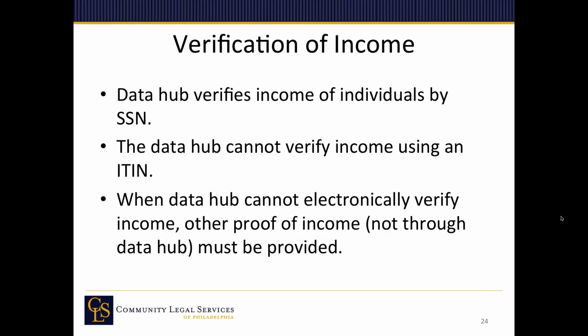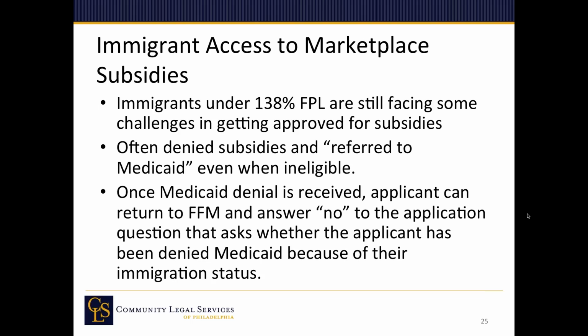Now, this proof of income, if we have the typical pay stubs, that's great. The marketplace should allow some level of flexibility for people who have more informal work situations and may not have pay stubs, but might have letters from employers or other proof of income. Whatever that proof is, it has to be provided to the marketplace.